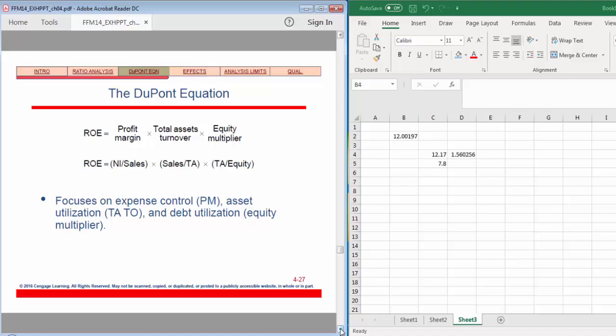That comes from profit margin, which is net income divided by sales, total asset turnover, which is sales divided by total assets, and equity multiplier, which is total assets divided by equity. So this focuses on expense control, profit margin, asset utilization, and debt utilization.